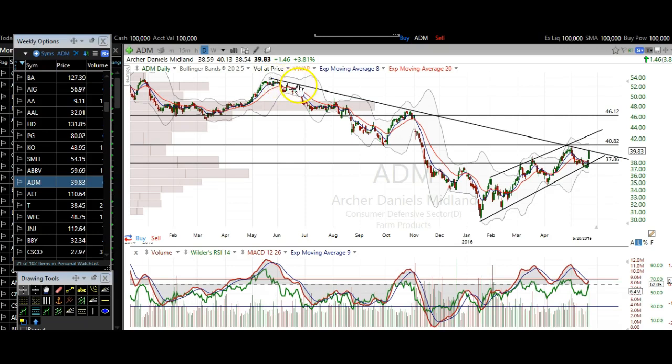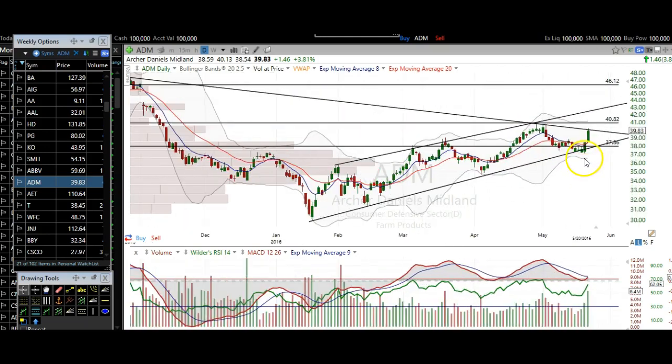Okay? So we've got a rejection here, here, here, lower highs, again here, and we're right at this level right here of resistance. It closed right there for the week on some heavy volume, so it could break over. Certainly a break over that 40.80 level, a close over that level would send ADM higher.